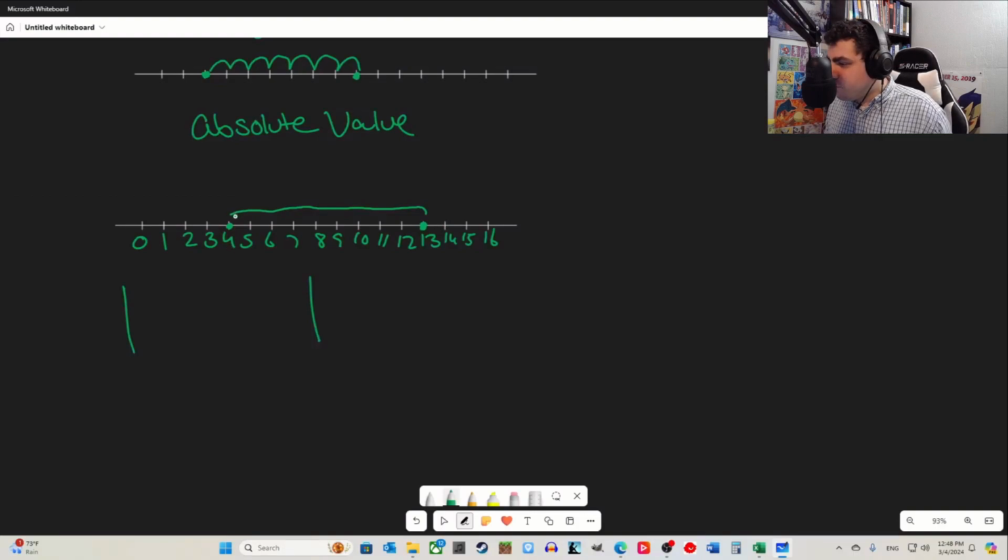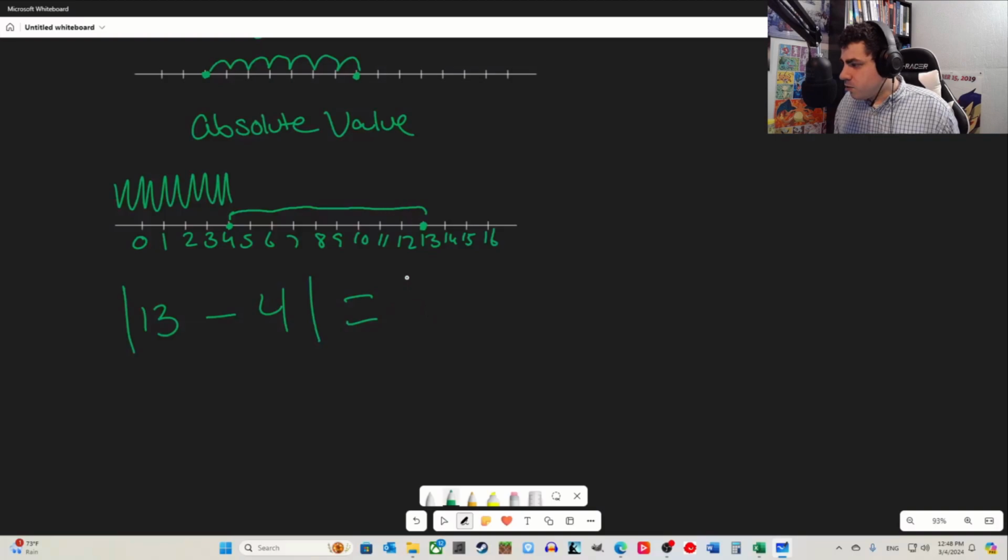To find this distance right here, we need to find the distance from 0 to 13, and we need to get rid of this distance, and then we will have just this distance right here. So let's take the distance from 0 to 13 minus 0 to 4. So get rid of the 4. This will land us with the absolute value of 9, which equals 9.